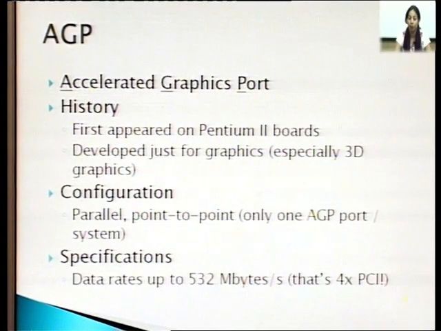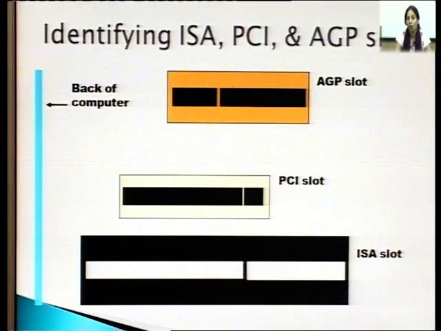So if we compare ISA slots, PCI slots and AGP, AGP is the fastest, about 4 times PCI. This is how we identify AGP, PCI and ISA slots on the motherboard: first is the AGP slot, second is PCI and last is the ISA slots.